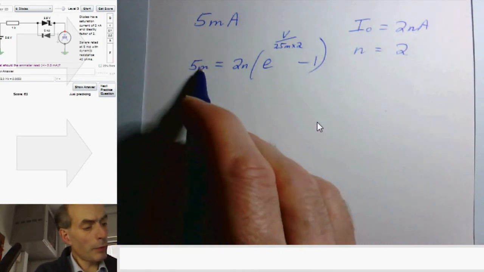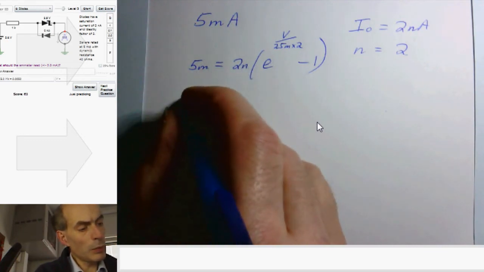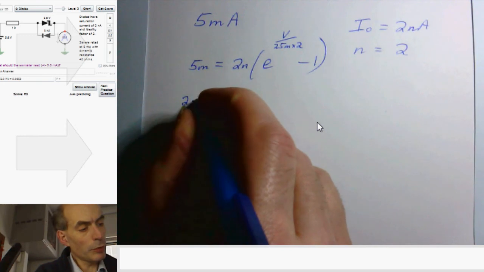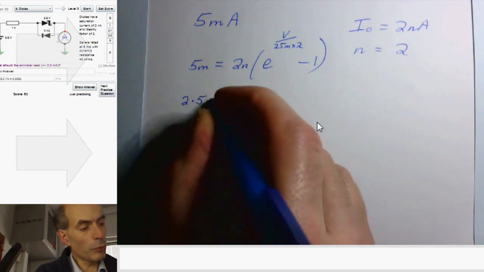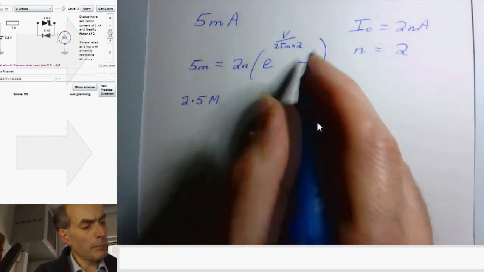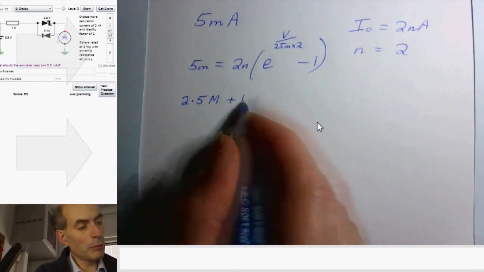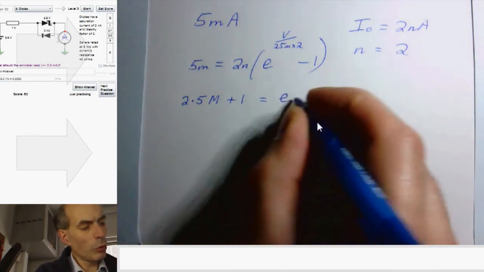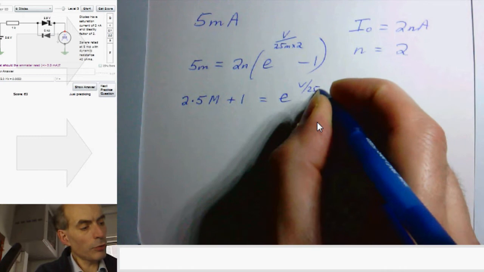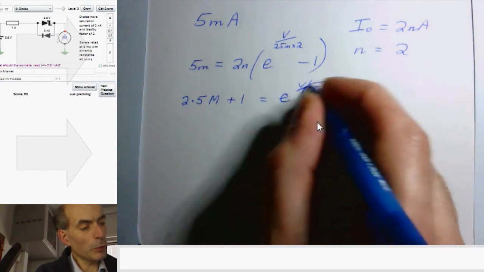Here, that would be 5 milli divided by 2 nano, which would be, what, 2.5 times 10 to the power of 6, or 2.5 meg. If I bring the minus 1 over to this side, it will be 2.5 million plus 1. Almost not worth doing that. That's just going to be equal to 2.5 million for all practical purposes.